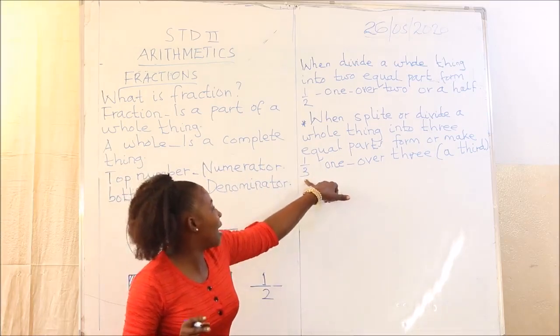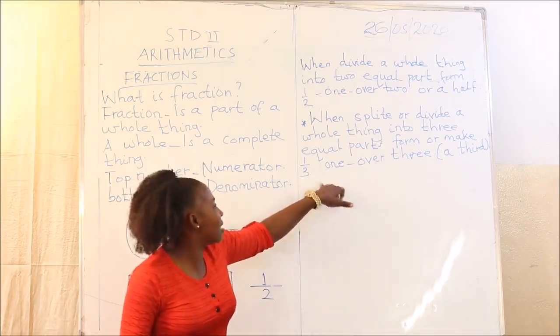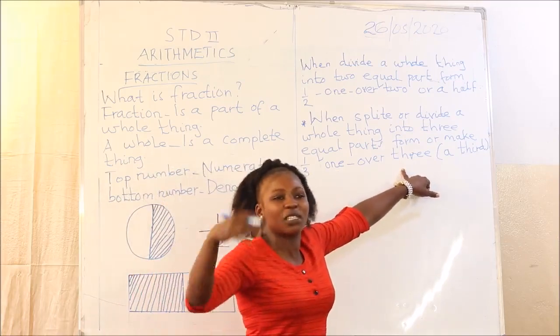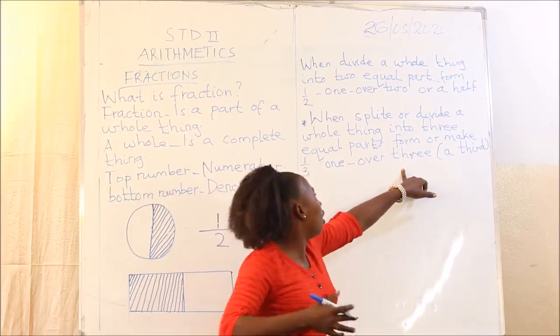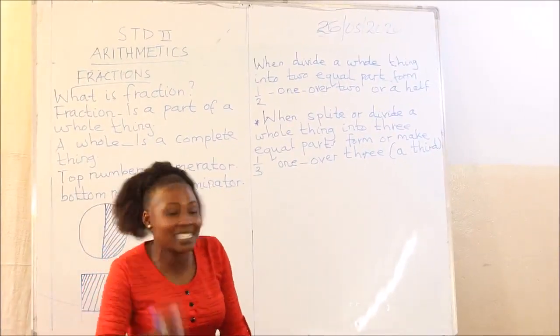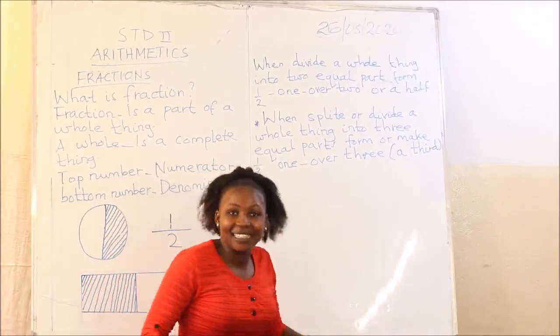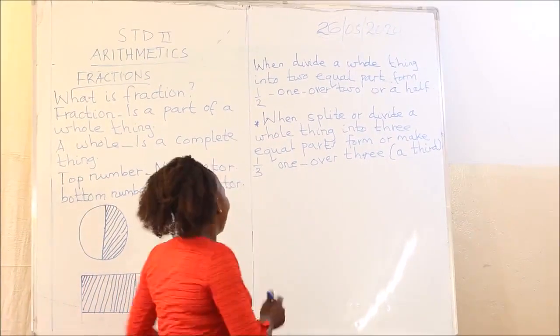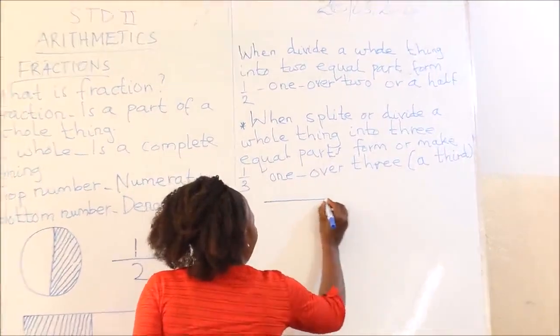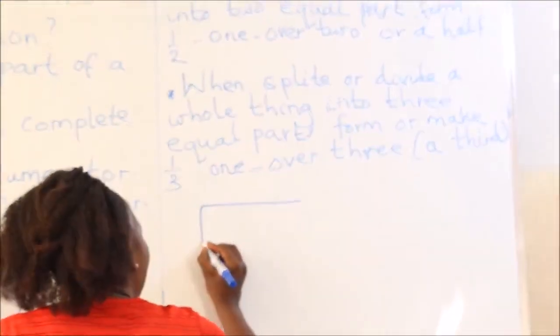In writing figures, you have to write like this, but in words, 1/3 you have to write like this. But sometimes someone can ask you, what is the alternative name of the so-called 1/3? 1/3 is also known as a third. Together?